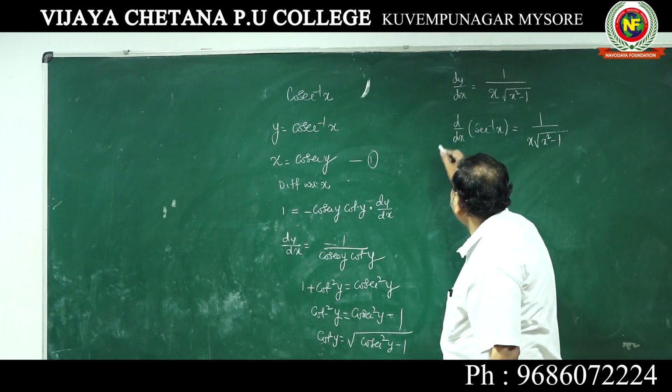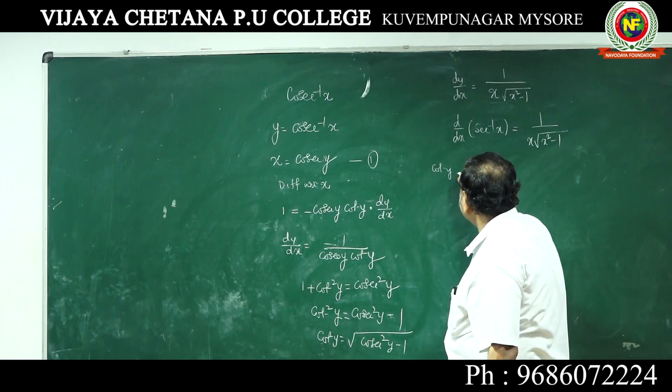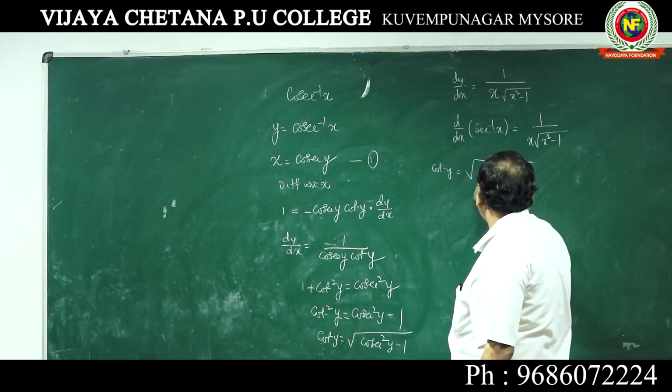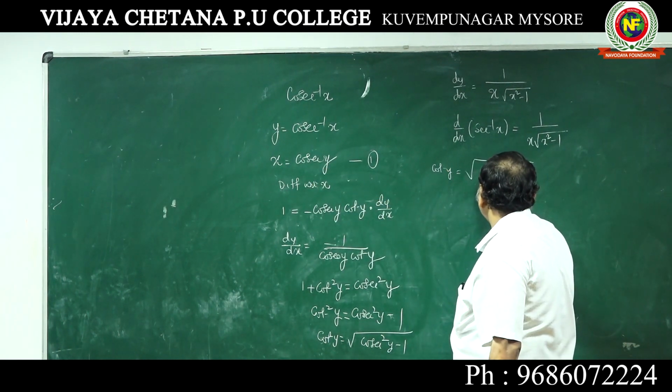But you know what cosecant y is: cosecant y is x, so cot y is square root of x square minus 1.